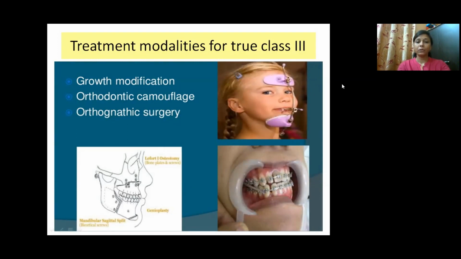Orthodontic camouflage is used when there is no growth remaining and we have to mask the malocclusion as such. We will try to hide the problem. And orthognathic surgery is used when the problem is severe and we are not able to correct it by orthodontic treatment alone.